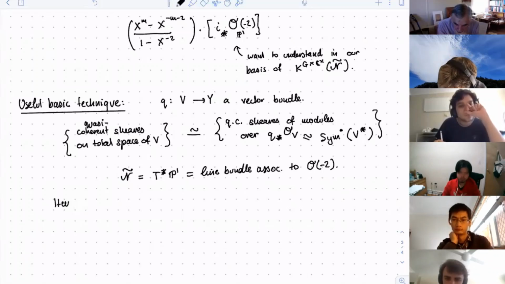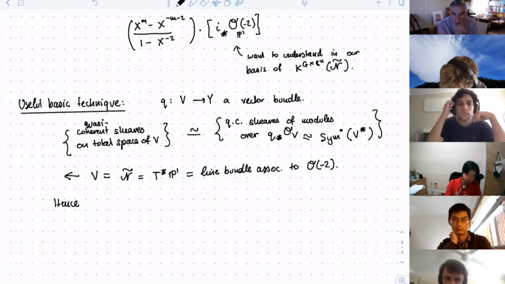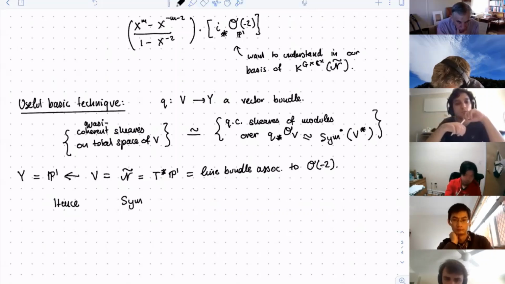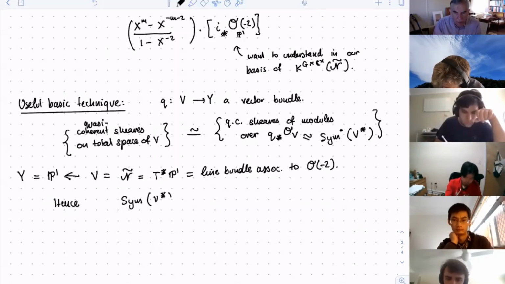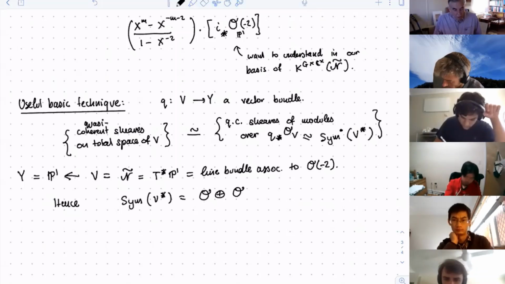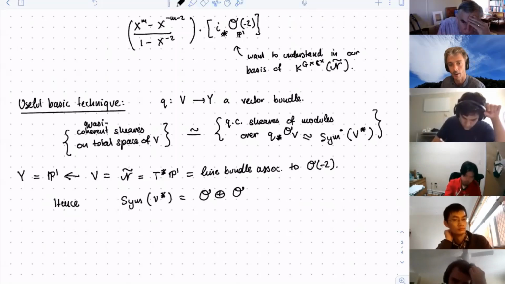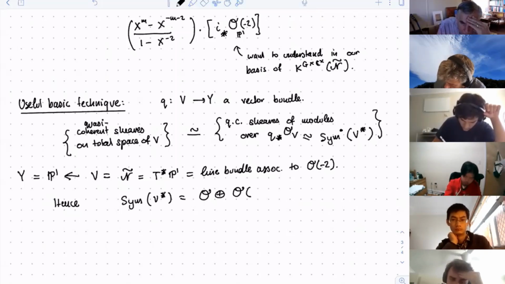So this is our V, and it's mapping over P1, which is our Y, and hence Sym of V dual is just O plus. So this is a line bundle. Sym just means take the direct sum of all the tensor powers of my line bundle.